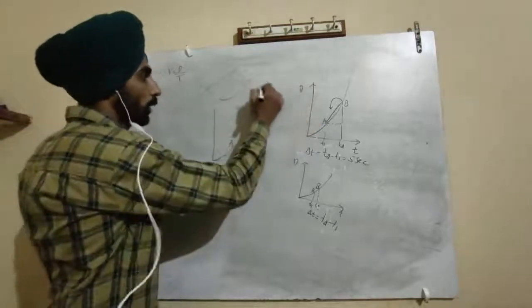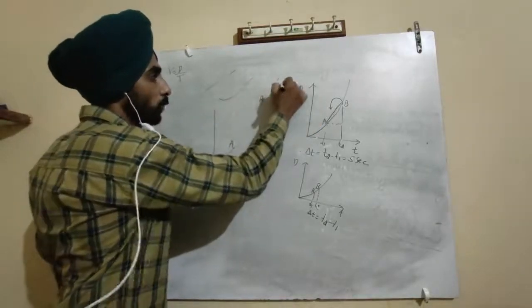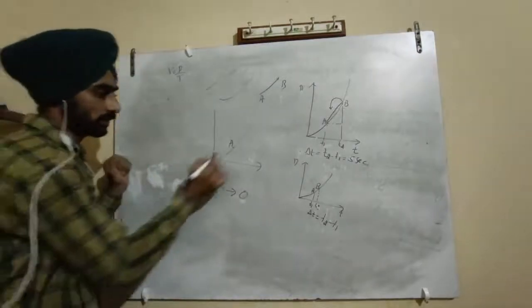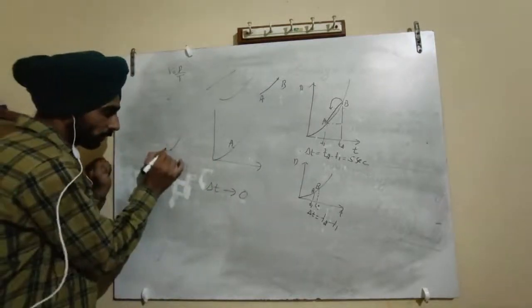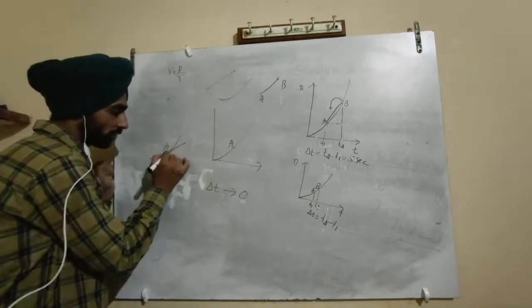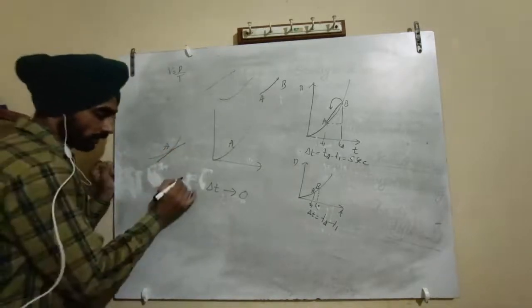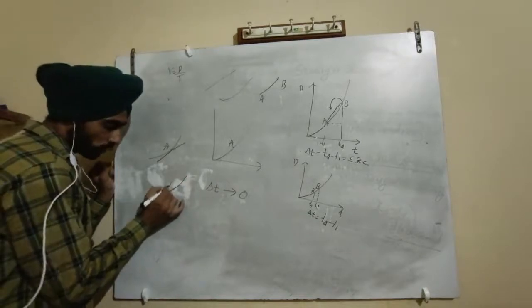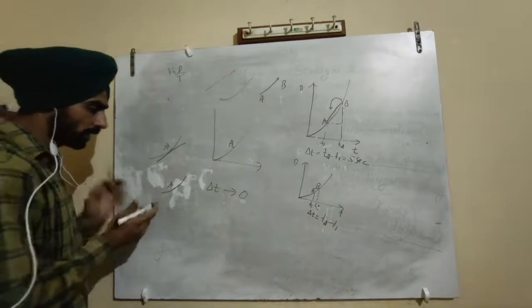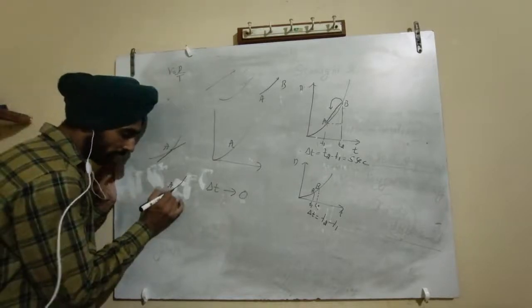For 2 points, this is the shape of the slope. But for a single point, this is a curve now. For a single point, if you want to calculate the slope, it's a tangent line at A. Now the point has reduced to a single point on the curve, and you want to find the slope. Slope will be like this.